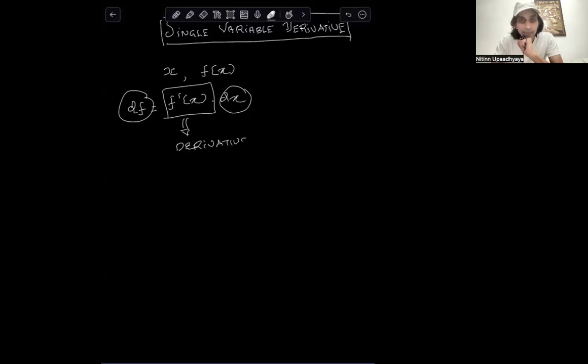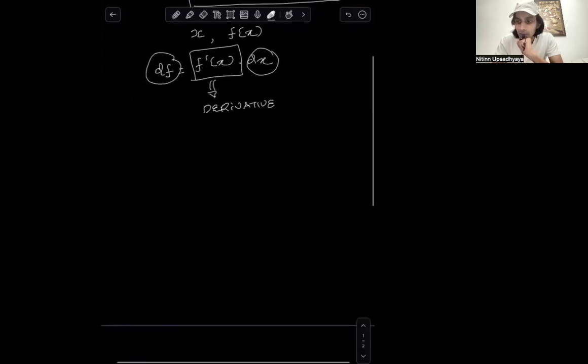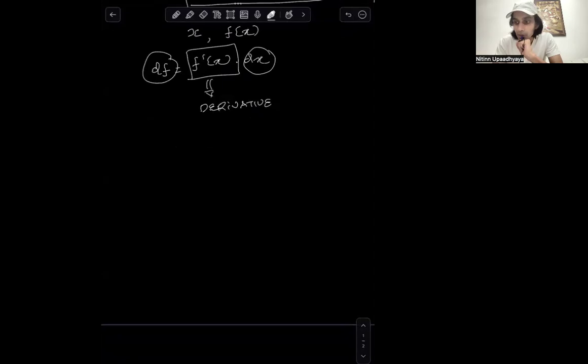Let's take a quick example by means of two graphs, just to appreciate the geometrical meaning of the derivative. Let's say we have a function. On the y-axis, we have y, which is f of x, and we have a function which perhaps looks like this. Now, as you can see, this function is changing very, very slowly with how the input is varying. So let's say I am at this point x here, and I change x by a tiny amount from x to x plus dx.